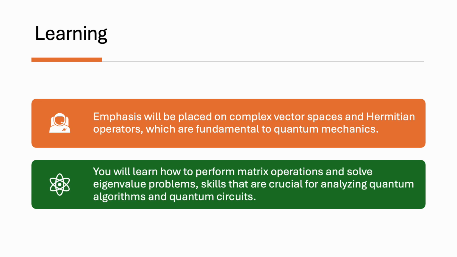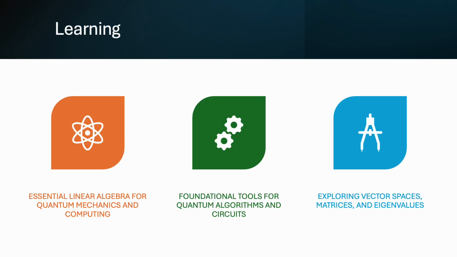Emphasis will be placed on complex vector spaces and Hermitian operators, which are fundamental to quantum mechanics. You will learn how to perform matrix operations and solve eigenvalue problems, skills that are crucial for analyzing quantum algorithms and quantum circuits. So let's just dive in.